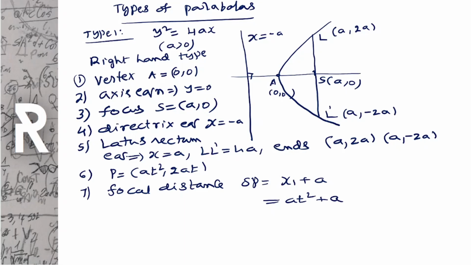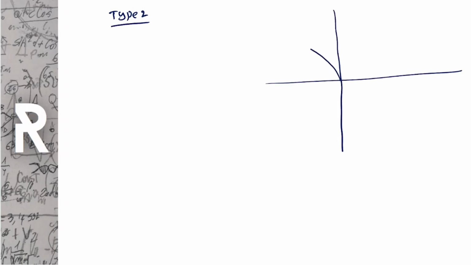I am moving to type 2. If the parabola is rotated about the origin by 180 degrees, you get type 2. Z and S interchange. The diagram is like this.